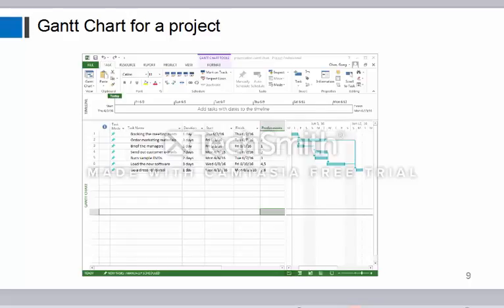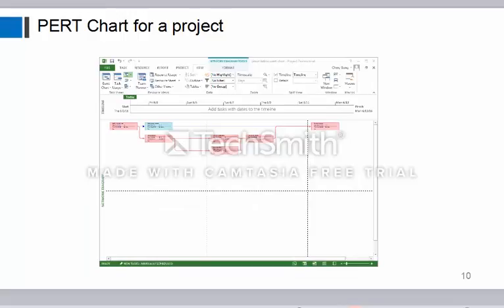PERT chart is a useful method that shows a big project's tasks in a diagram chart. From this chart, we can clearly see what the task is, and what the beginning date and ending date are. It's very clear.